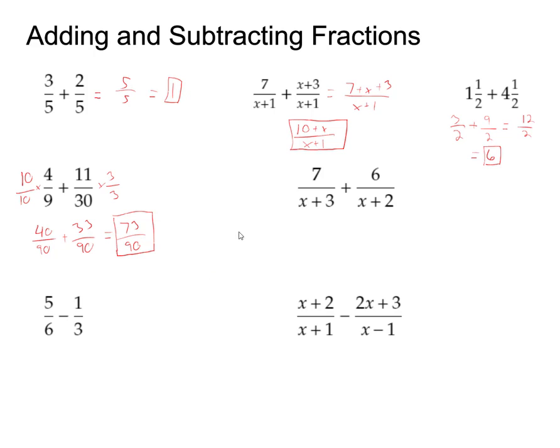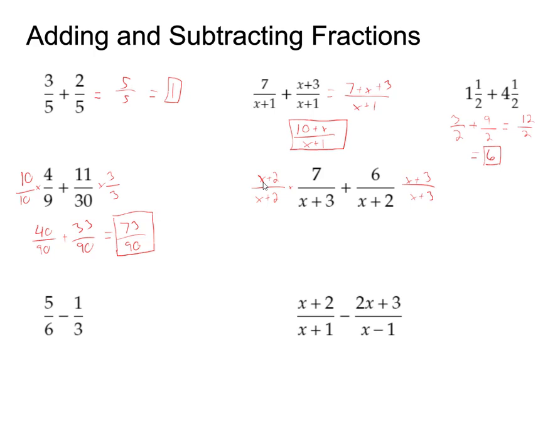Well, if I multiply the left side by x plus 2 over x plus 2, and if I multiply the right side by x plus 3 over x plus 3, then that will give us a common denominator of x plus 2 times x plus 3. And then we can add across the numerator.